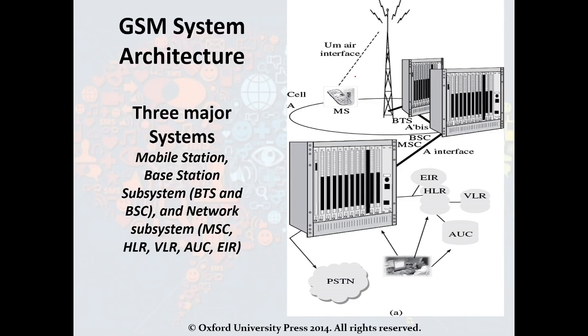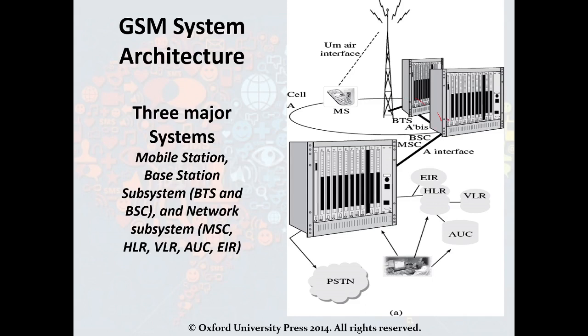The air interface between the mobile station and the BTS, with the protocols involved in transmission over the air, is specified by the GSM standard. It's called the Um air interface. The interface between the BTS and the BSCs is standardized, and it's called the Abis interface. The specifications and the signaling protocol involved are standardized.